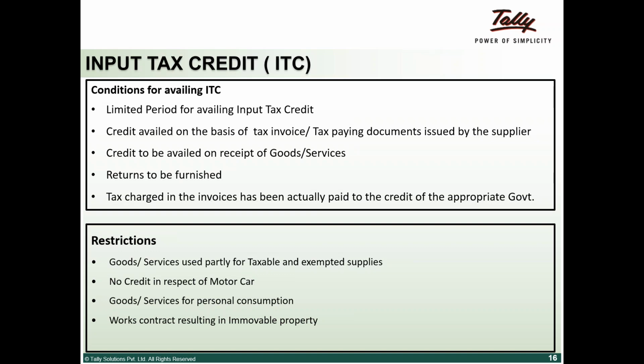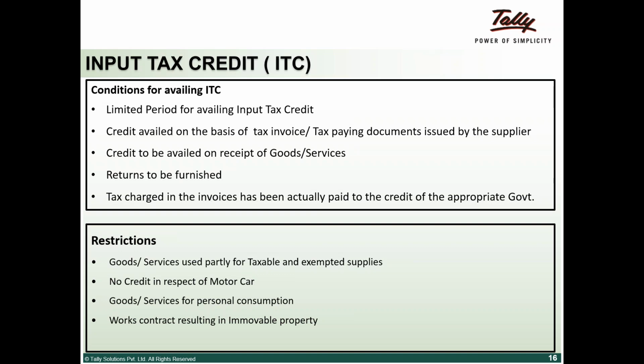There are returns, which I will deal with going forward. Returns are required to be filed, then only I'll be able to take a credit. The tax charged in the invoice must have been actually paid. Basically, when I purchase material from A, I pay 100 rupees for the material, and let's say 10% is tax, so I pay him 110: 100 for the material cost and 10 for the tax.